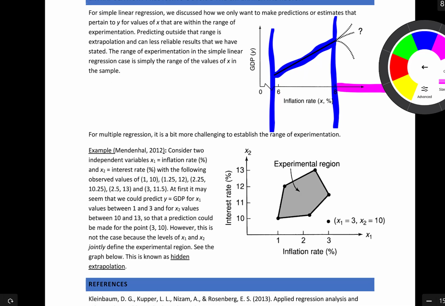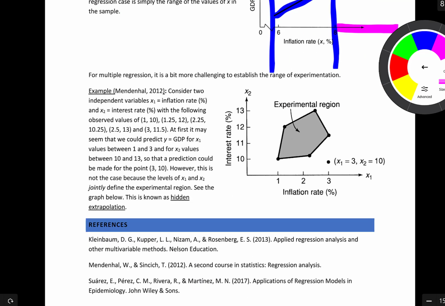Now, in multiple regression, it's a bit more challenging to establish the range of experimentation. So here's an example. Consider two independent variables, x1 and x2, and here are our observed variables. If we look at the values for x1, notice the minimum for x1 is 1, and that the maximum for x1 is 3.